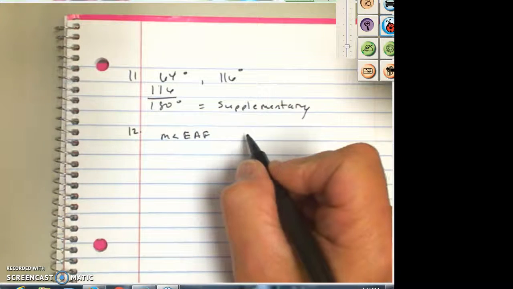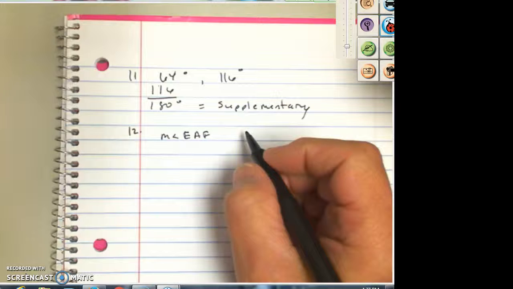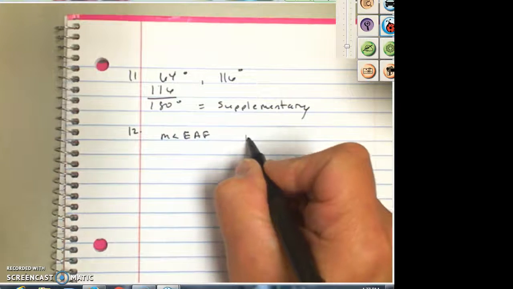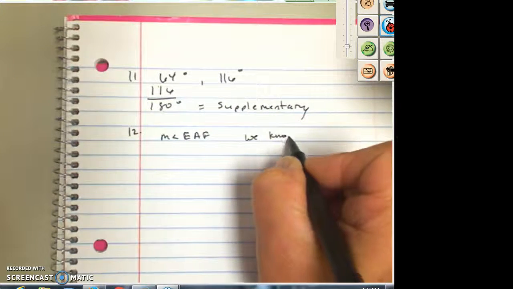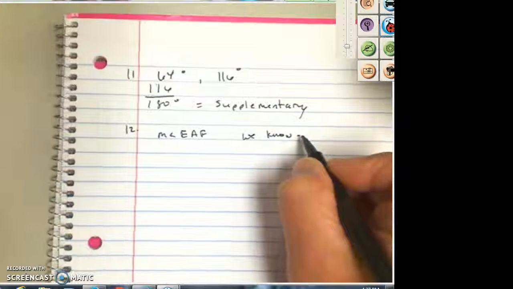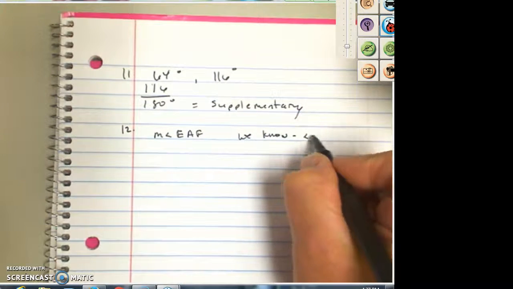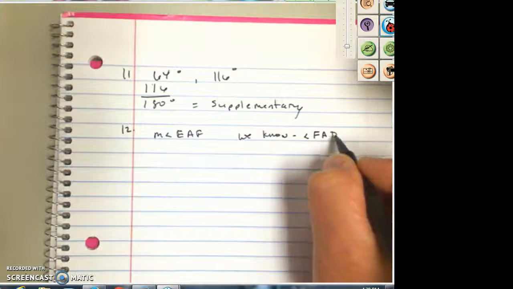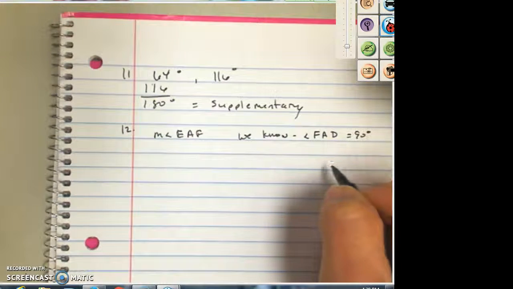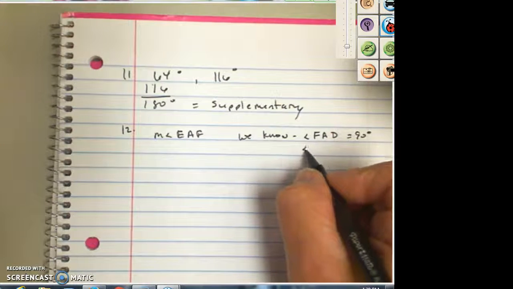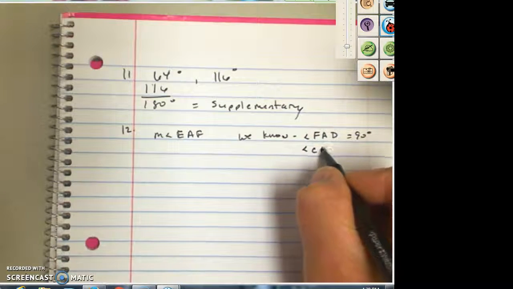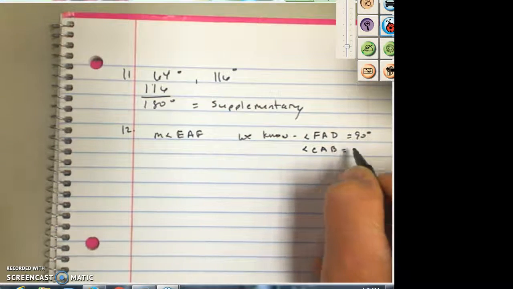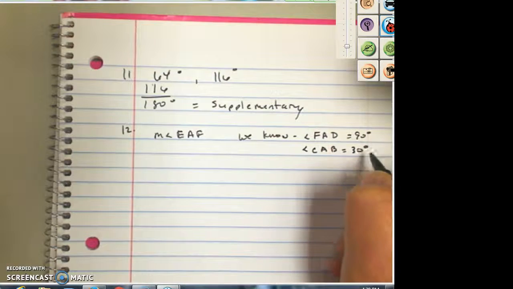Well, this is what we know. We know that angle FAD is equal to 90 degrees. And we also know that angle CAB is equal to 30 degrees.